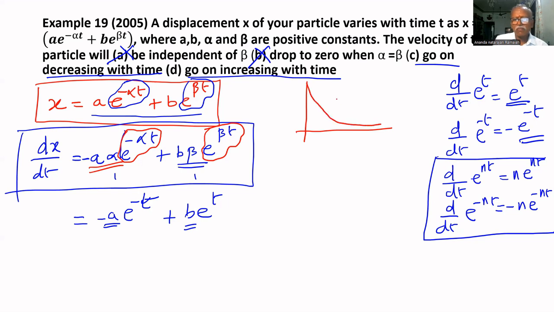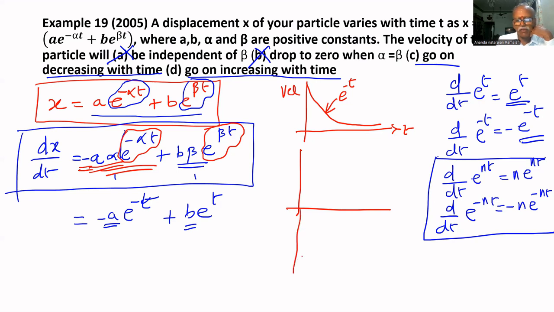This is the graph for e power minus t, which mathematically is exponentially decreasing. This is time, this is magnitude, velocity. But before that, a minus sign is there. Therefore, if you put a minus sign before this, your graph will be like this.